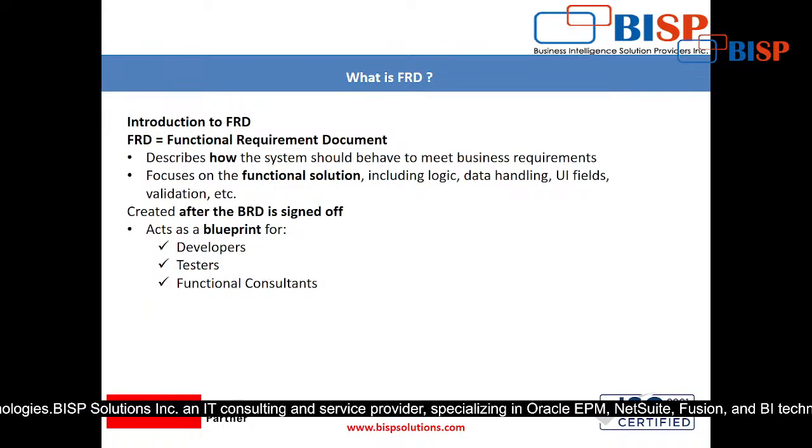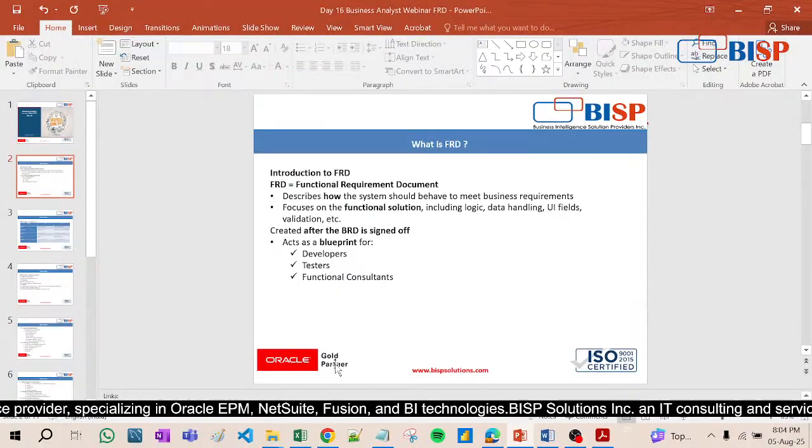In this functional requirement document we mainly focus on the solution, exactly how this solution will work. For example, I am giving you one scenario. Let's take a purchase order.